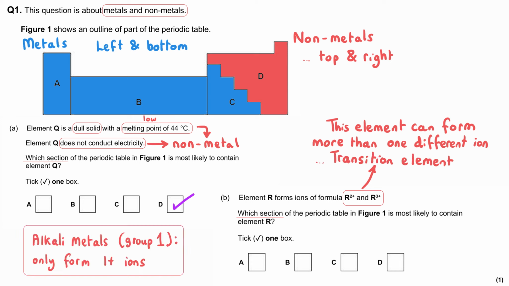Normally, the elements, for instance, in group 1 would form a 1+ ion only. And so the transition metals is this middle block here between group 2 and group 3. And so B is the correct answer because that is where you find the transition metals.